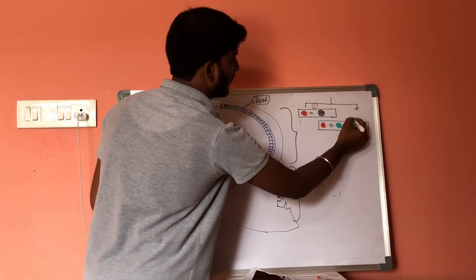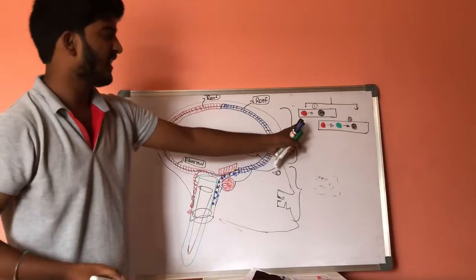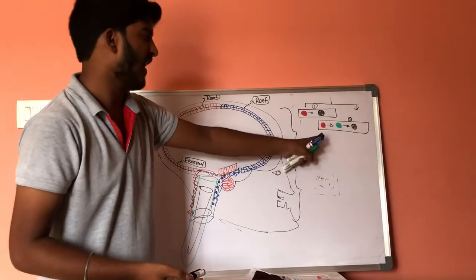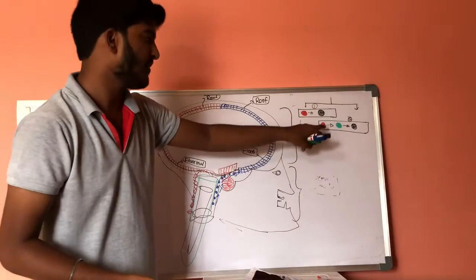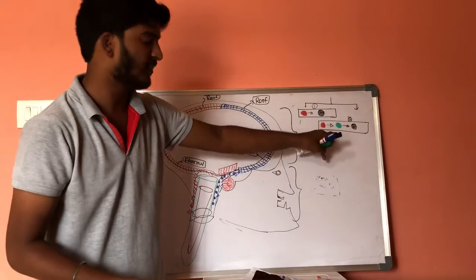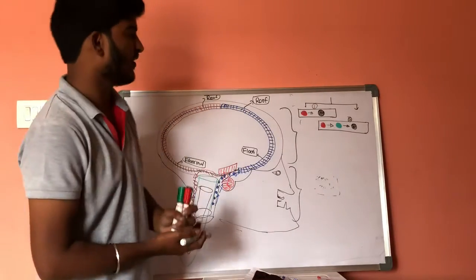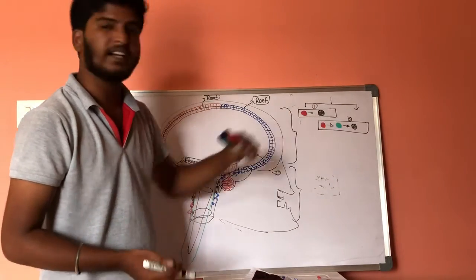This is the second pathway. In the first pathway, mesenchyma is directly converted into osteoblast cells, and in the second pathway, mesenchyma gets converted into chondroblast, that is cartilage, and it results in the formation of osteoblast cells. This is called the direct pathway and this is called the indirect pathway.